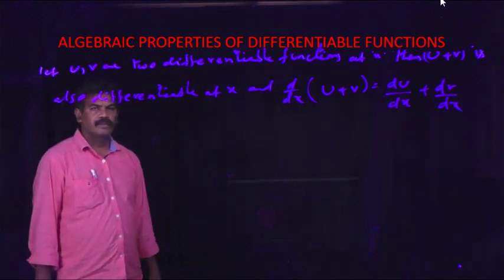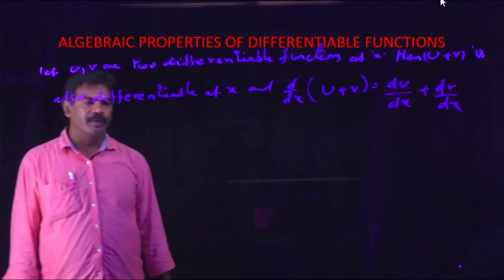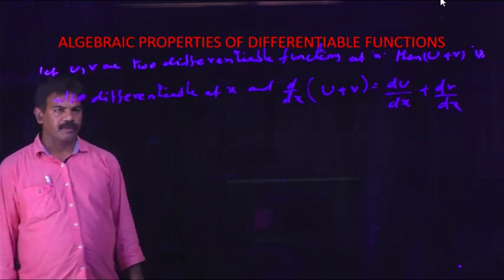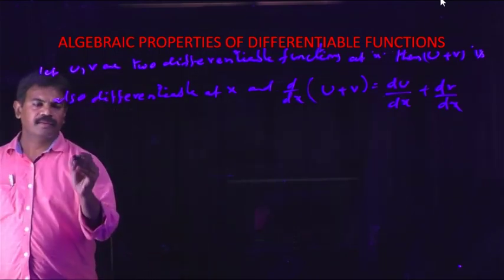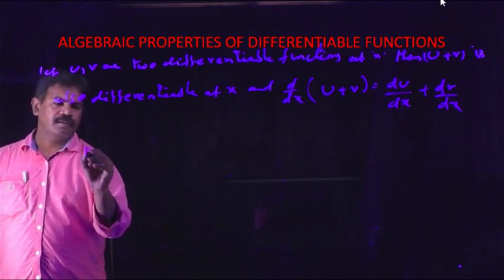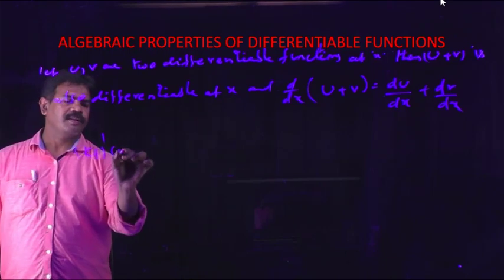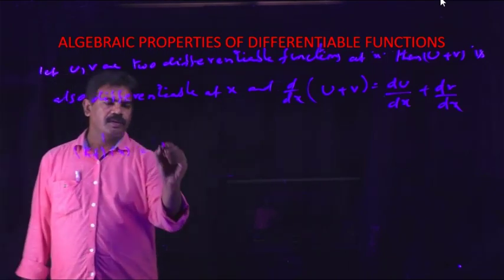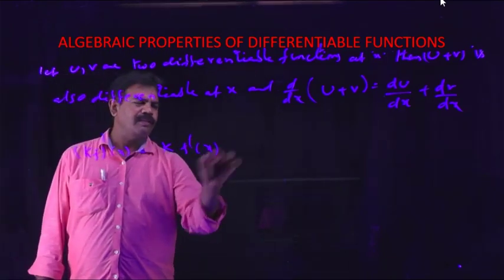So the remaining algebraic properties are as follows. That is, (kf) dash of x is equal to k into f dash of x.